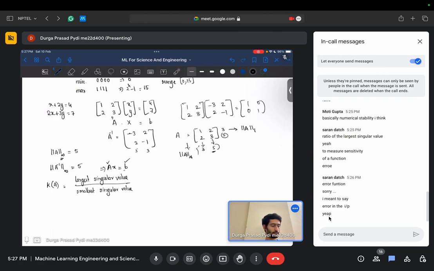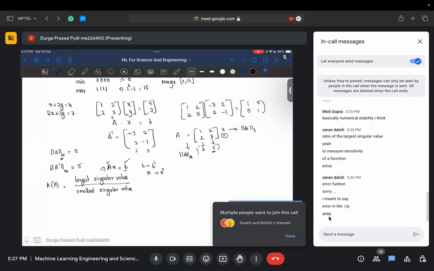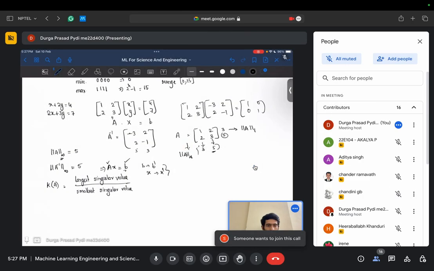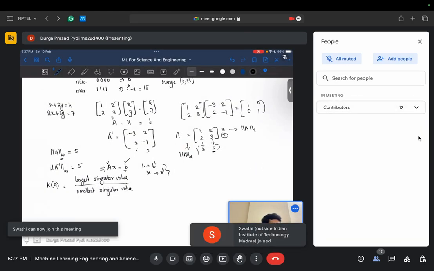Say if b is replaced with b prime, then x will change to x prime. So how sensitive is this change? That is what we were trying to do using this.